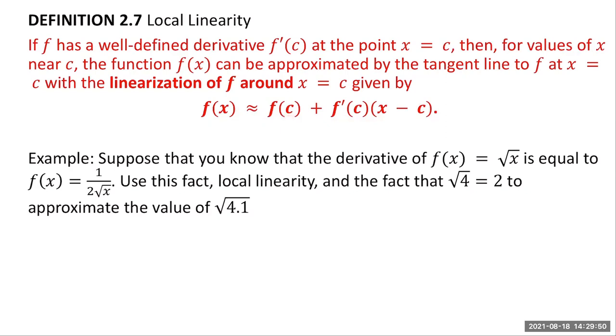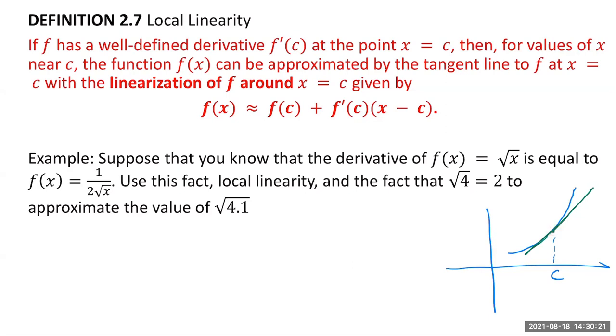What's going on here? If you think of a graph like this, let's say your point c is here. If I draw a tangent at the point x equals c, for x values which are very close to c, your tangent and your function look the same.